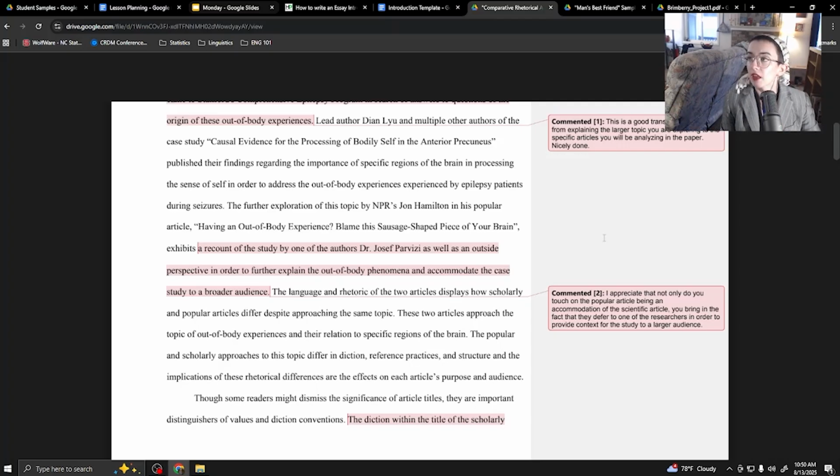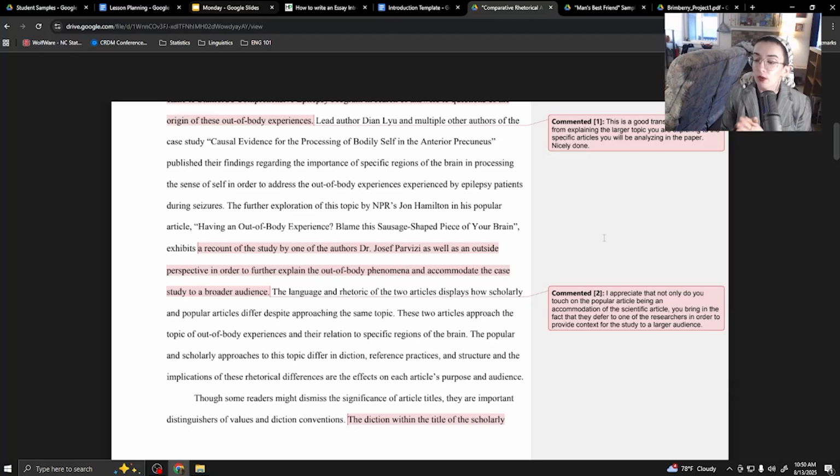And then they move into talking a little bit about why the relationship between these two articles matters, and you can see them start to lead into that thesis statement. They're saying that the language and rhetoric of the two articles display how scholarly and popular articles differ despite approaching the same topic. Great. Now we're talking a little bit about scientific accommodation.